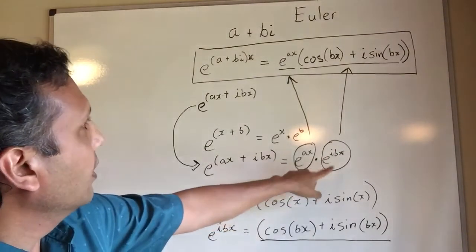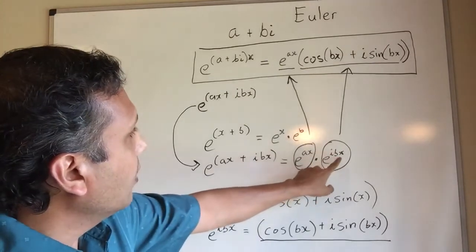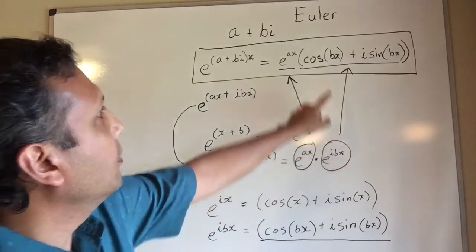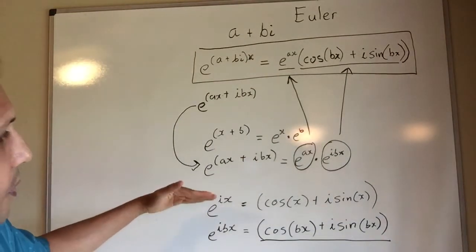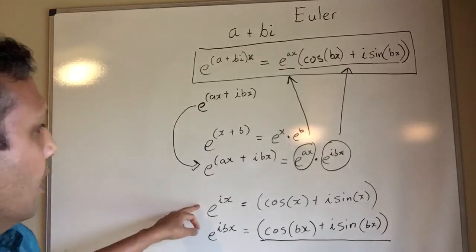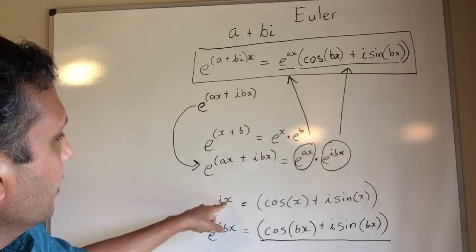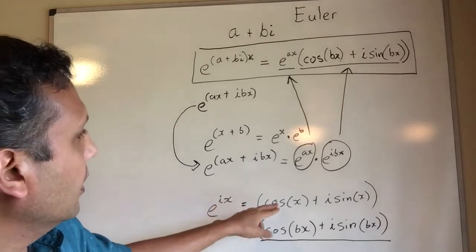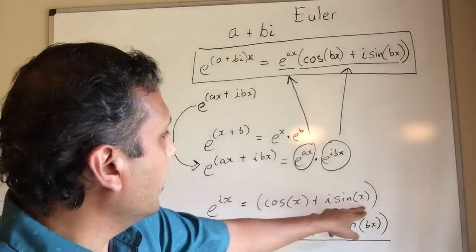So now I need to know, how do I get this to be this value? So now I went back to my understanding of Euler's formula, where e to the ix equals, inside parentheses, cos x plus i sine x.